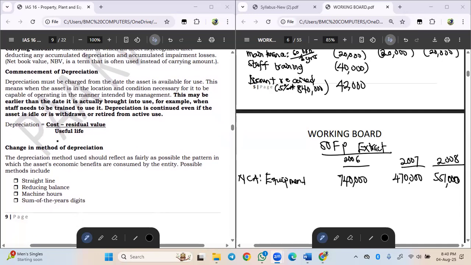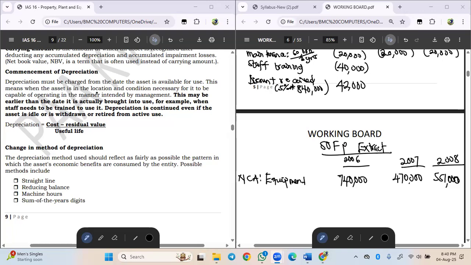Commencement of depreciation. When do we start to charge depreciation? You are saying that depreciation must be charged from the date the asset is available for use. I've already said this one.